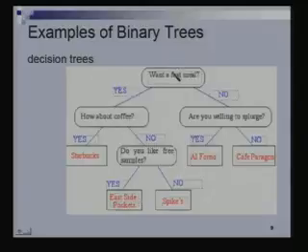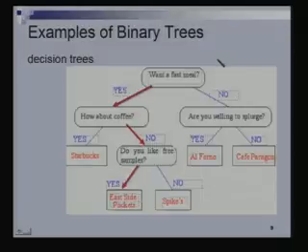So you come to the top root node and you ask whether you want a fast meal. If the answer is yes, then you come to this node, whether you want a coffee or not. If the answer is yes, you go to Starbucks. If the answer is no, you maybe go to some other place, right? And so on and on.